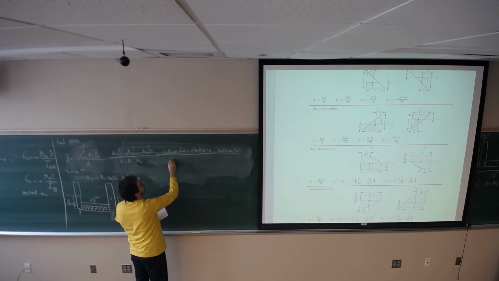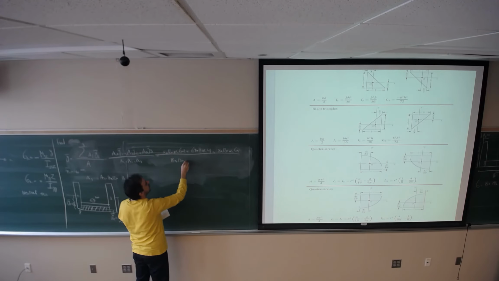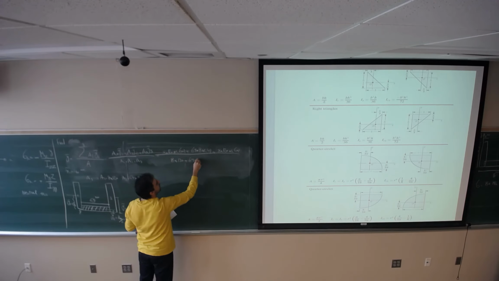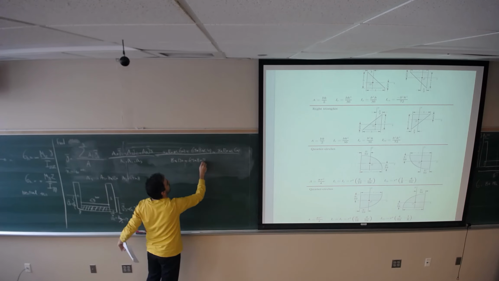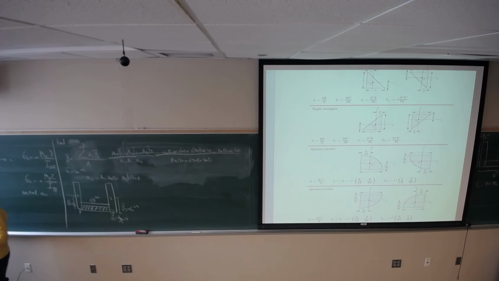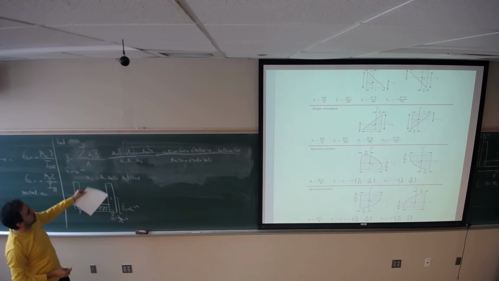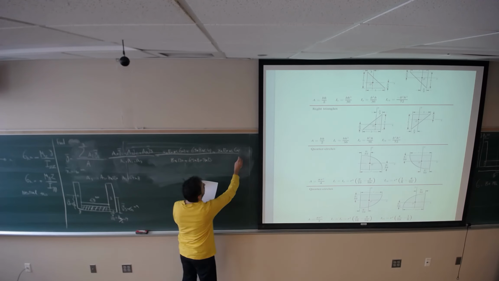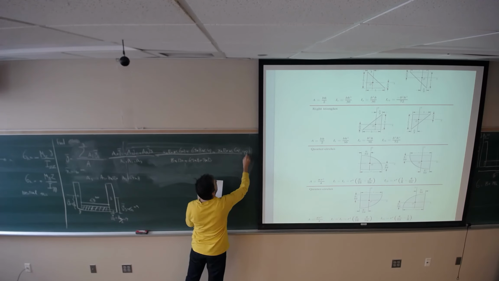Divided by 8 times 120 plus 64 times 8 plus 8 times 120. This is how you can find the Y bar. If you do the calculation, you will find 48.21 millimeter.